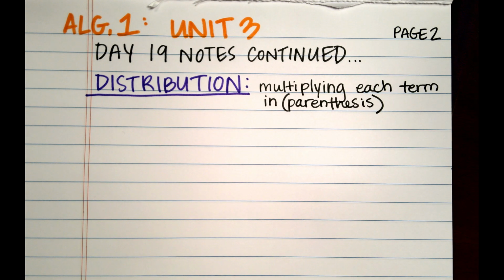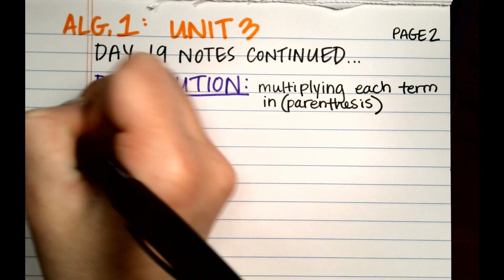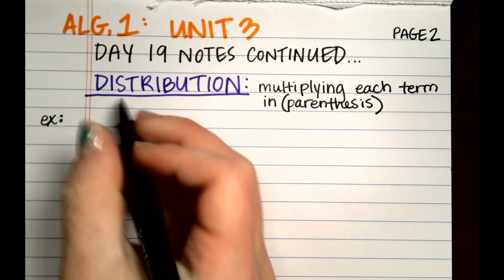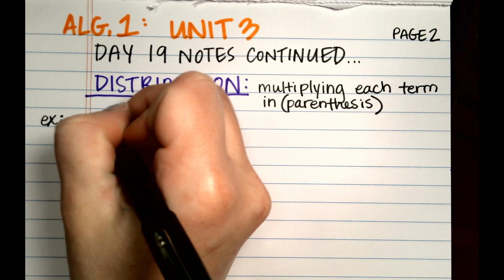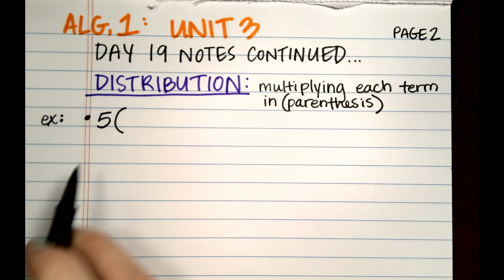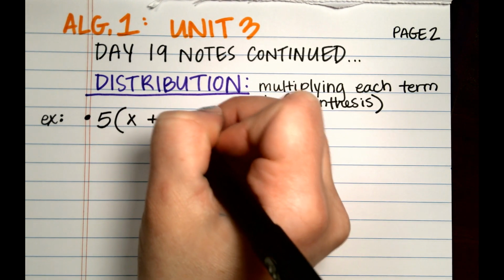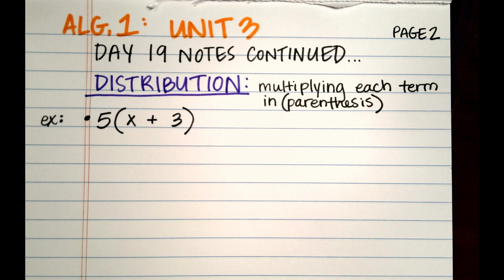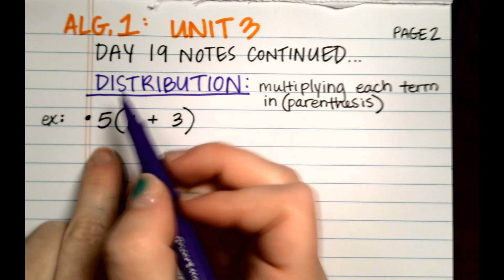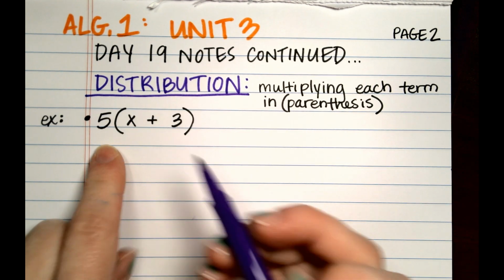So for example, if I have 5 and directly beside it in parentheses, I have x plus 3. I will use distribution to multiply 5 times x and 5 times 3.